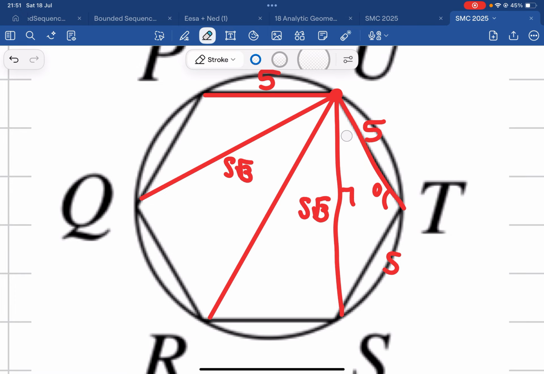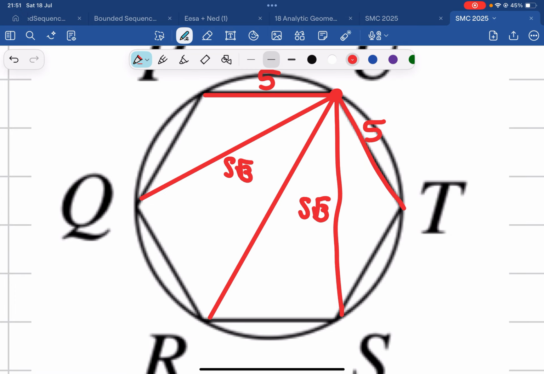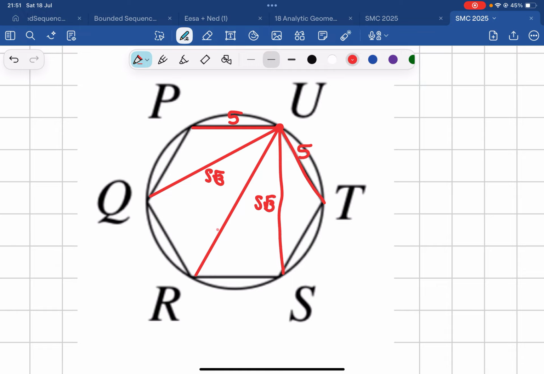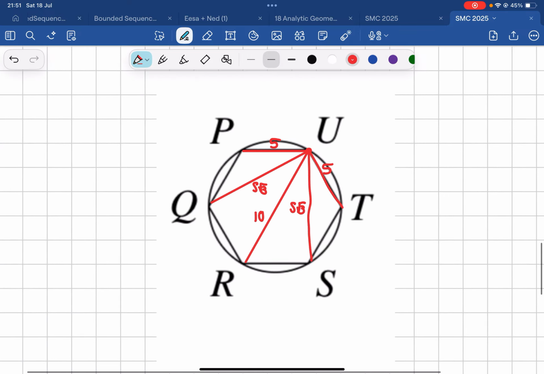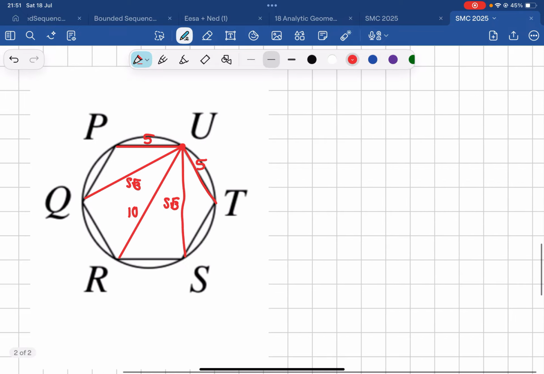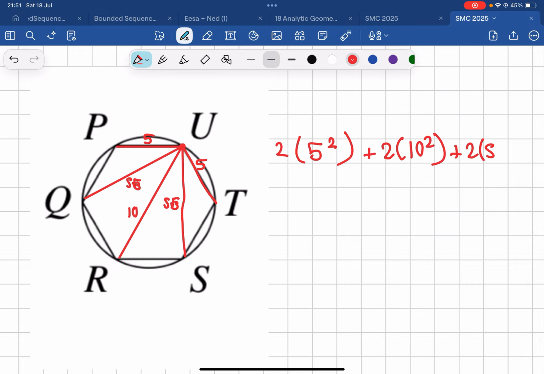So let's just rub all this out now. We've also got this diameter here in the middle, which is double the radius, that's 10. So now we need to find the sum of all these values squared. Let's go to the side. We have 5 squared twice, so 2 times 5 squared, plus 2 times 10 squared, plus 2 times (5 root 3) squared. 2 times 25 is 50. 2 times 100 is 200.